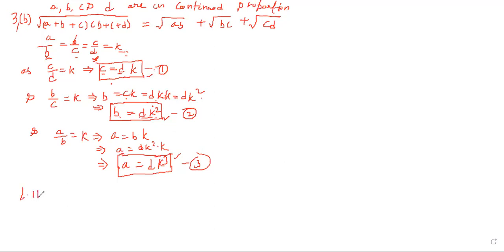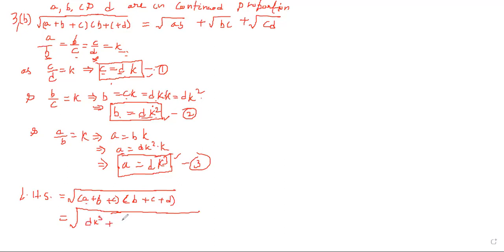So now we start with the left hand side of our identity from the ratio and proportion, which is under root of (A plus B plus C) into (B plus C plus D), which is equal to square root of, the value of A is DK cube, plus B is DK square, plus C is DK.